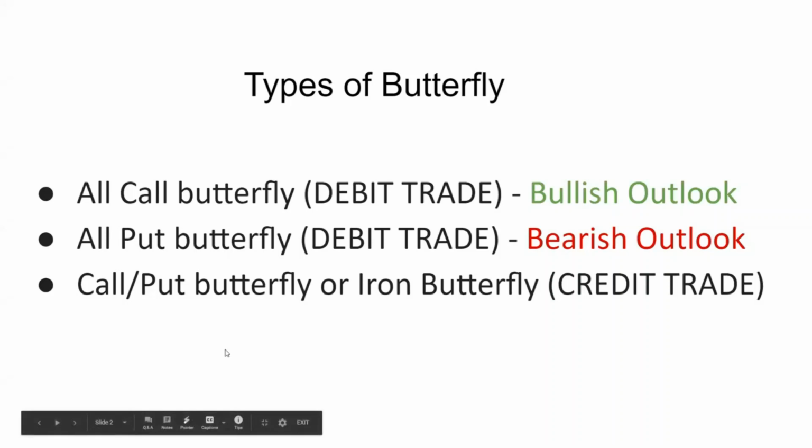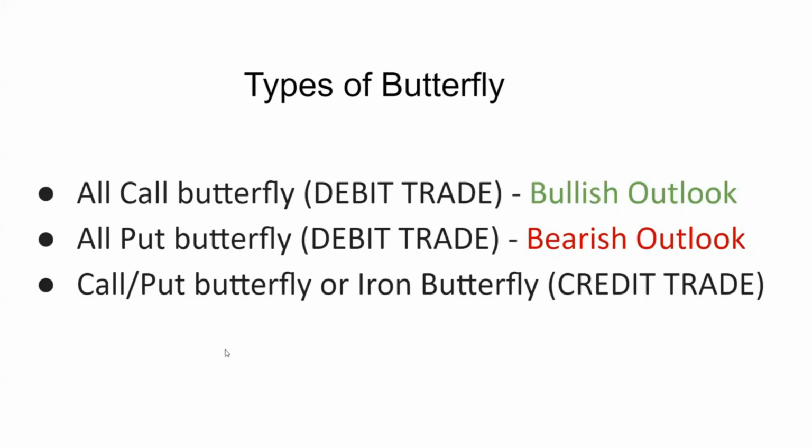One of the most important things that I see a lot of times traders get wrong is they use all put butterflies when they're trying to put on a bullish trade, or they're using all call butterflies when they're trying to put on a bearish trade.